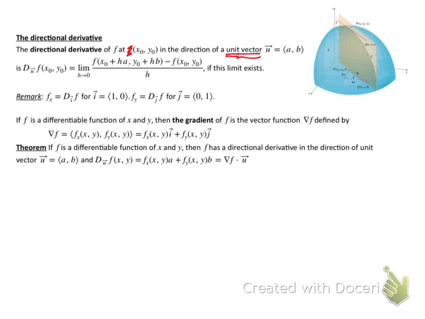So your x goes a times h above and your y goes b times h above. And then you compare the new output and the old output, then you make h go to 0. That's our directional derivative. So it is the derivative of f at x0, y0 with the unit vector u.